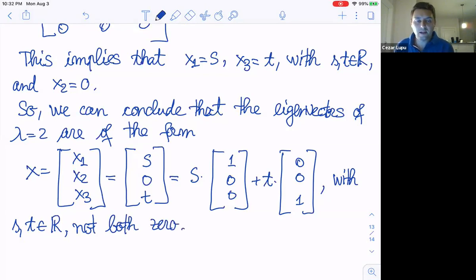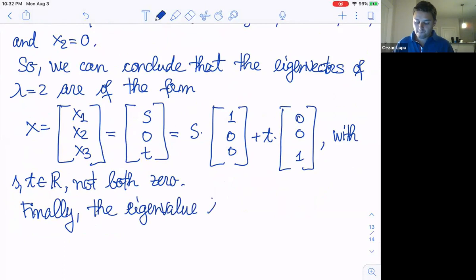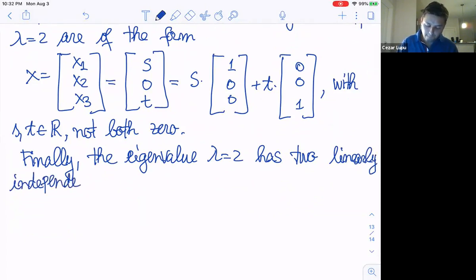So we can say that the eigenvalue lambda equals 2 has two linearly independent eigenvectors.